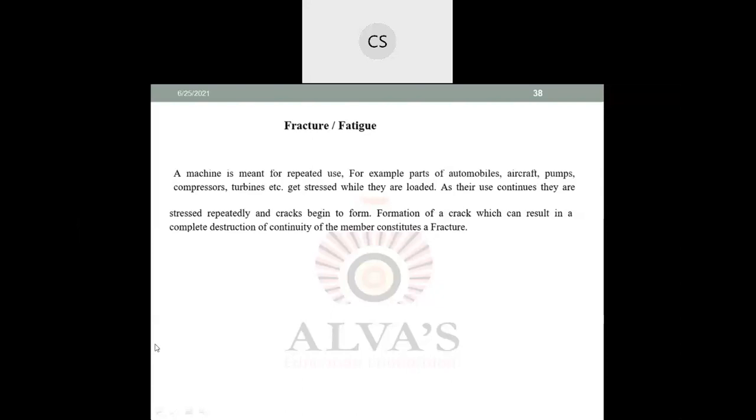Repeatedly the material gets stressed, loaded and unloaded. So what exactly happens is, let me take, for understanding, a block.